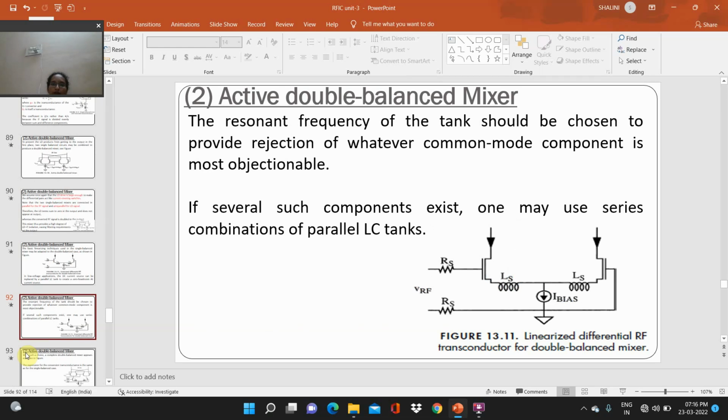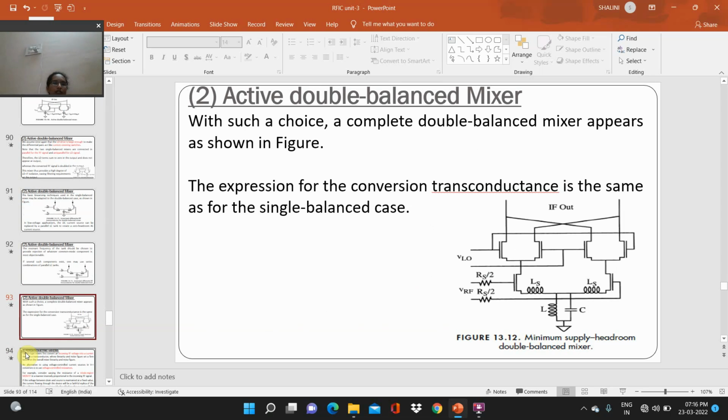The resonant frequency of the tank should be chosen to provide rejection of whatever common mode component is most objectionable. If several such components exist, one may use series combinations of parallel LC tank circuits. With such a choice, a complete double balanced mixer appears as shown in the figure.